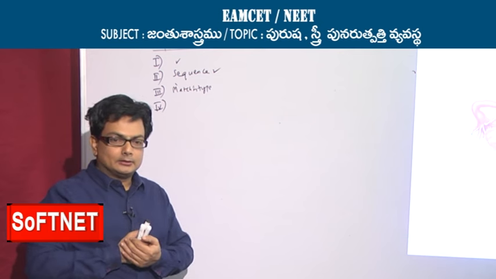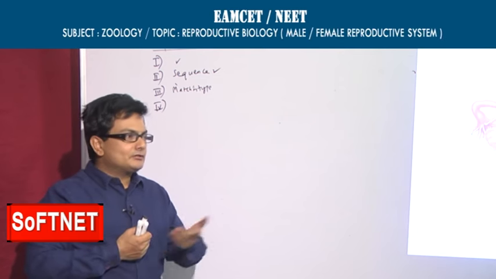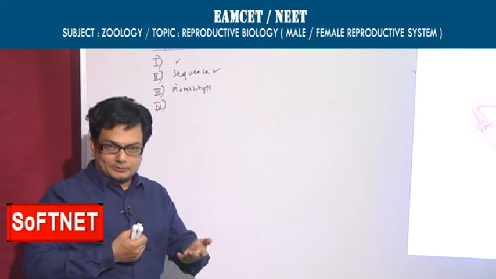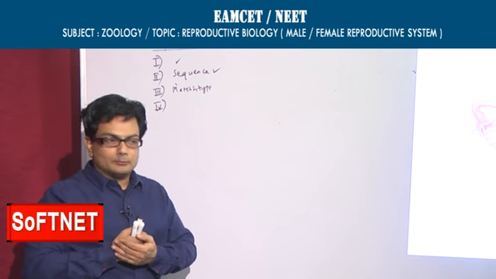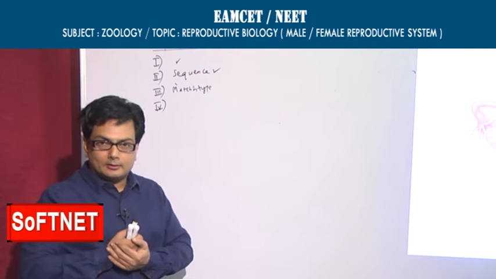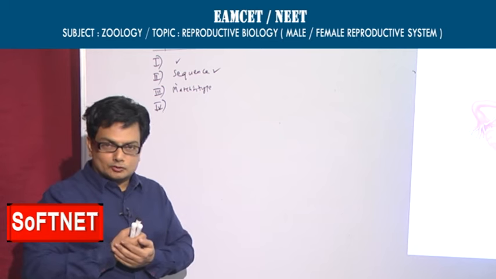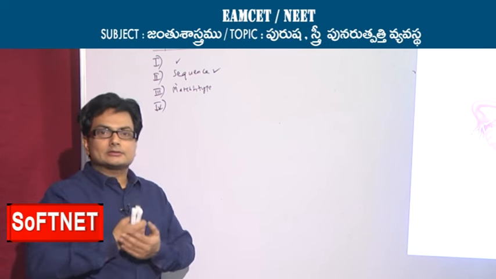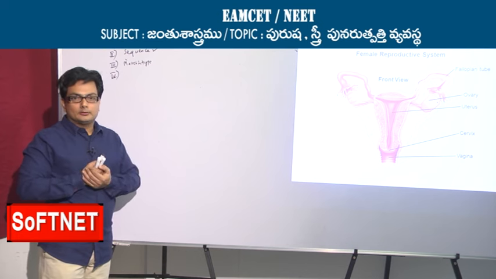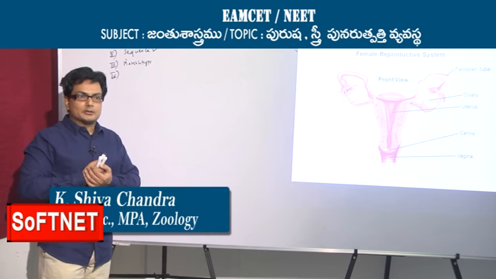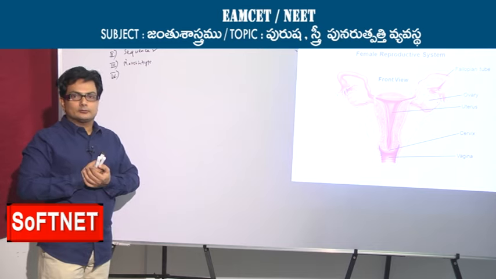For example, FSH acting on the germinal epithelium and making the cells increase in number, promoting gametogenesis. Likewise, these are all the possible questions which can be expected in the reproductive biology area in the NEET exam.